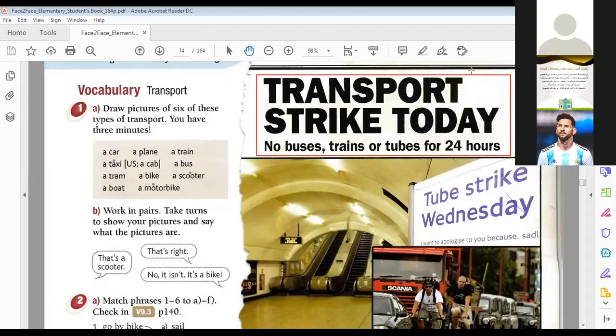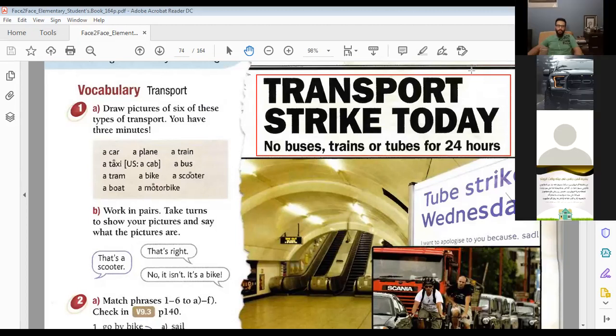I know it in Arabic. Okay, say it in English first. Try to explain it, and then you can do it in Arabic. What do you think? Strike means people do not like bus, train.